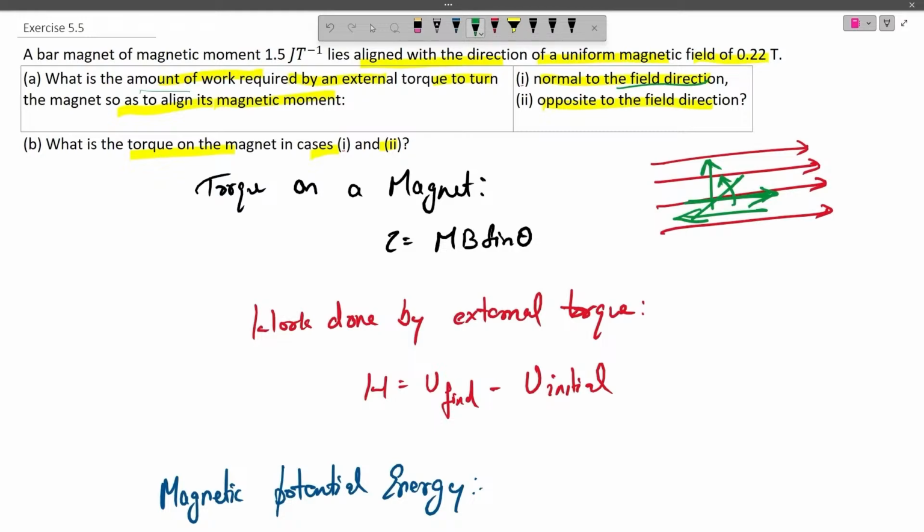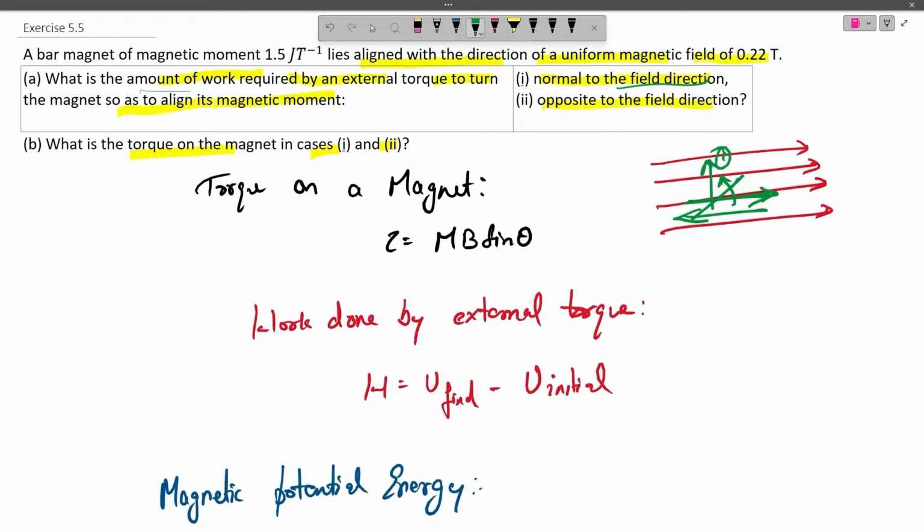So upon turning the magnet normal and opposite, we have to find out what is the work done by the external torque that is required. And the second question, we have to find out what is the torque on the magnet in case 1 and 2. Now in the second case, we have to determine, if we have turned this magnet, then what would be the torque acting on this magnet.